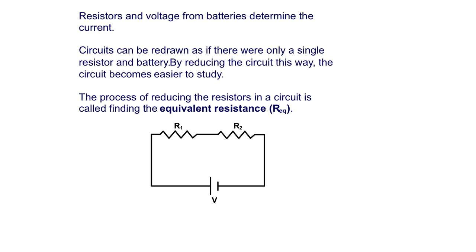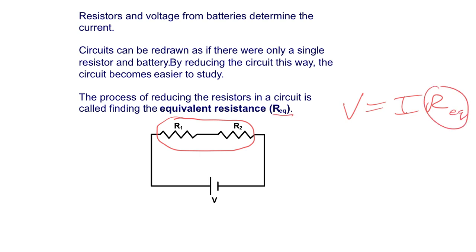Okay, this slide is showing that when we start to do circuit problems, we're going to have to use Ohm's law, but we have to have the total resistance to use Ohm's law. And the total resistance they call the equivalent resistance. I don't know why they just don't do sigma R, but I'll follow their rule.